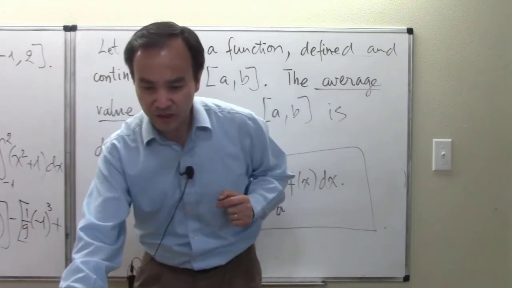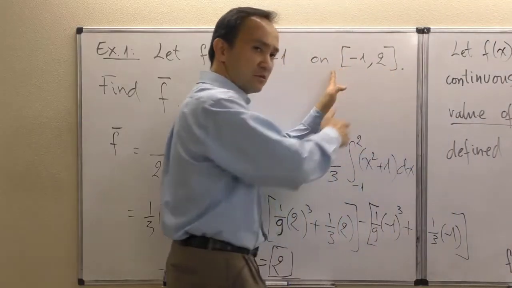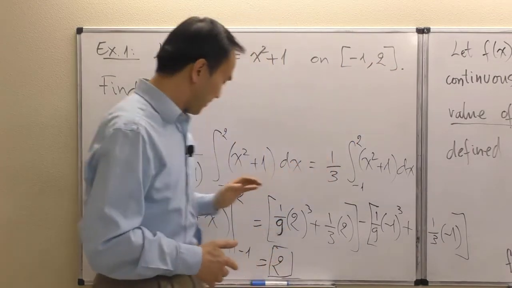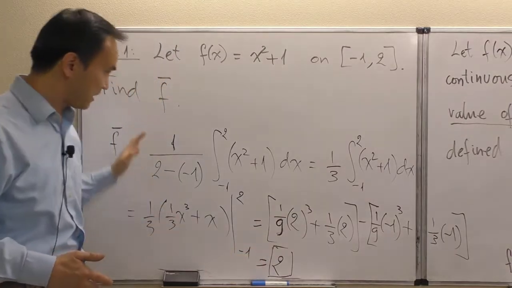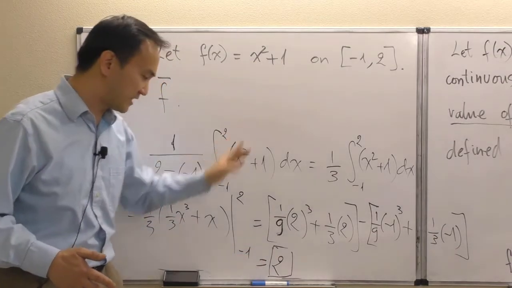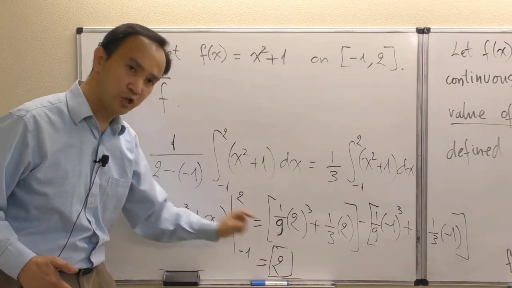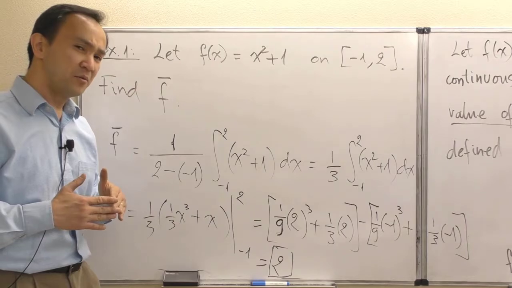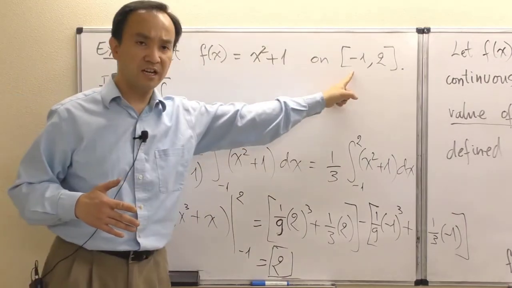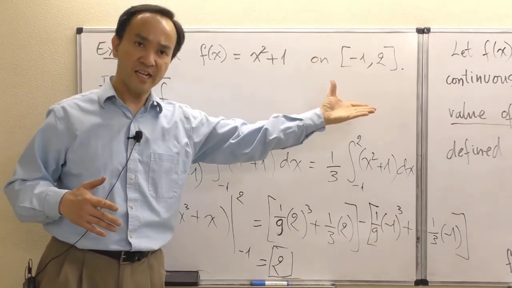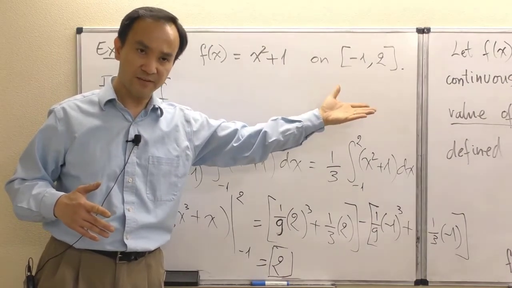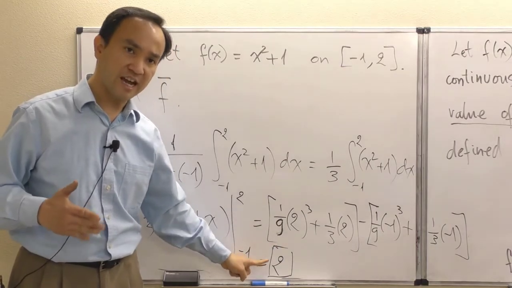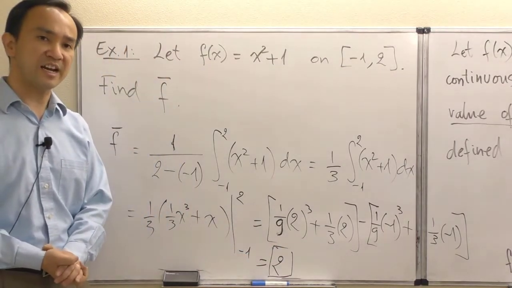In this particular example, we know that on the x-axis we're inside of that interval from -1 to 2, and we have already found that inside of that interval this function has average height 2. But now, I want to find out, where can the x value be to reach that average height?